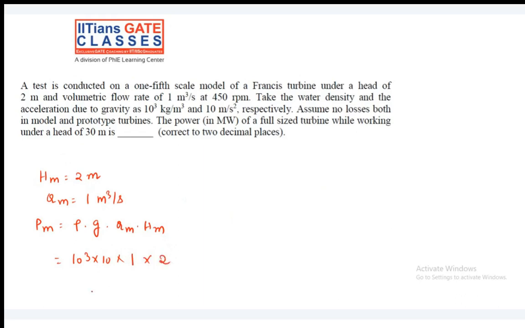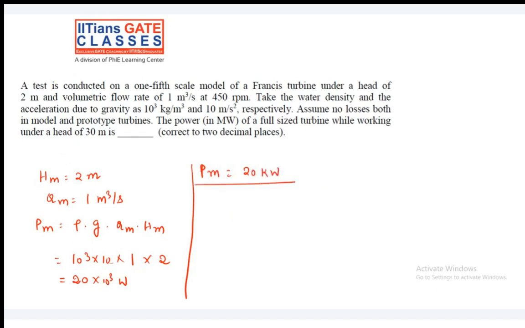So what is the Pm value? Power developed at model is 20,000 watts, so this is 20 into 10 to the power 3 watt. Can I convert it into kilowatt? So Pm is 20 kilowatts. Okay, one thing is done.